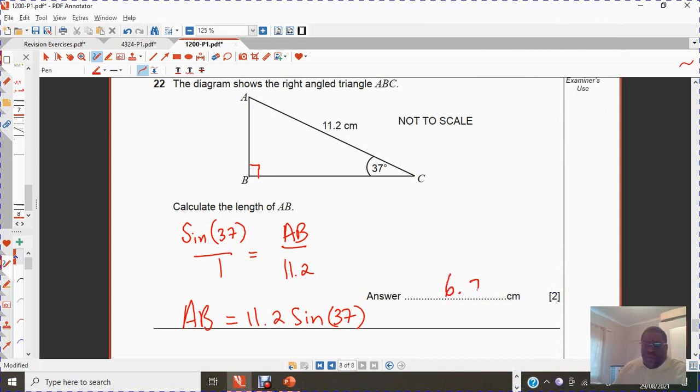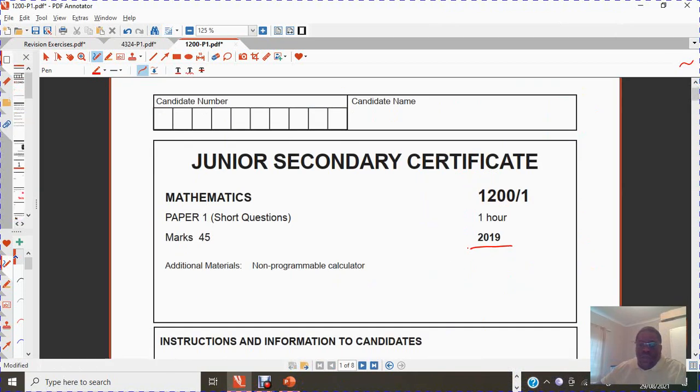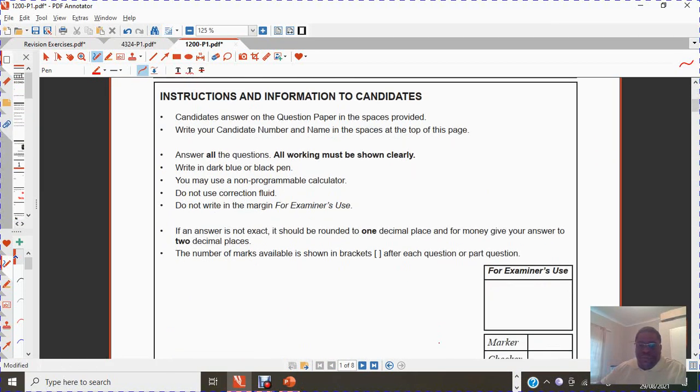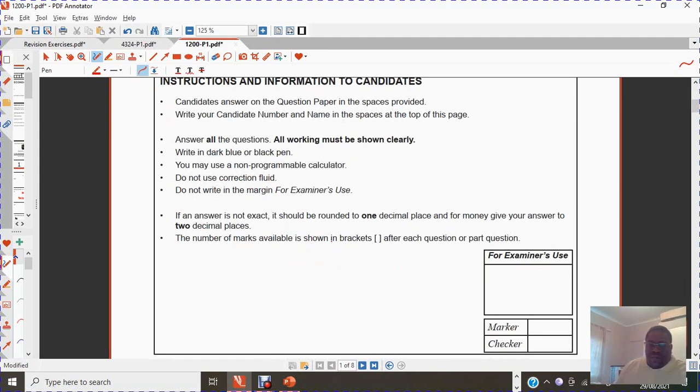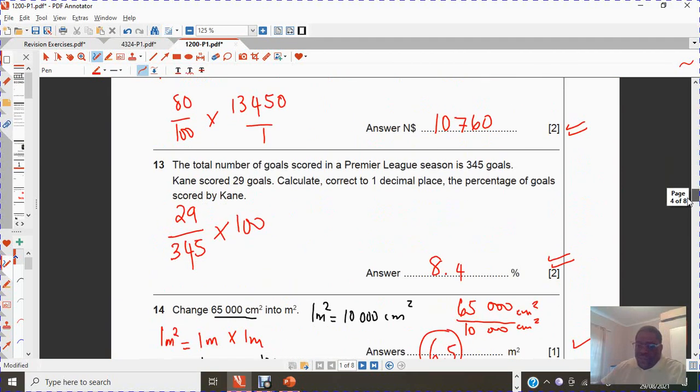So just to reiterate, for most of the stuff in grade 8 and 9 you are supposed to give your answers to 1 decimal place, and if it's money calculations, 2 decimal places. So I'm okay if I leave that answer to 1 decimal place.